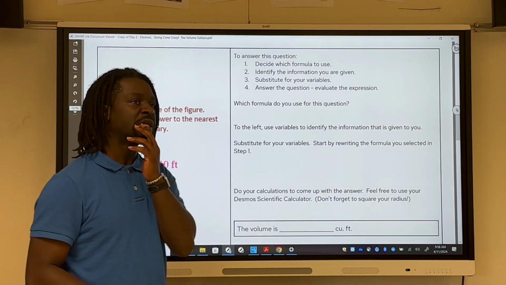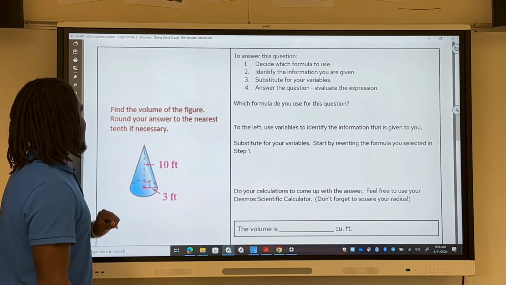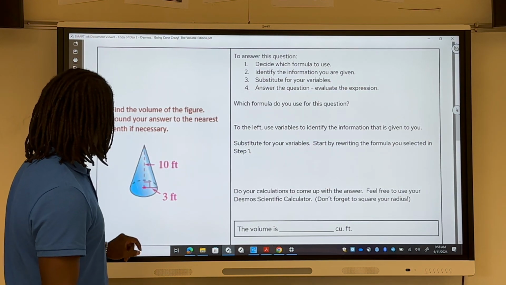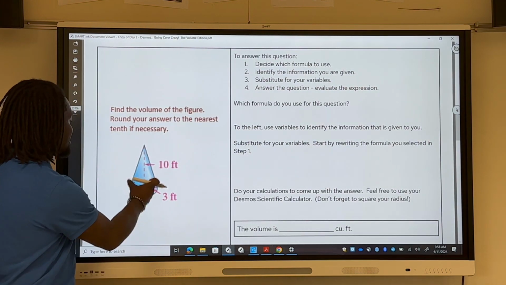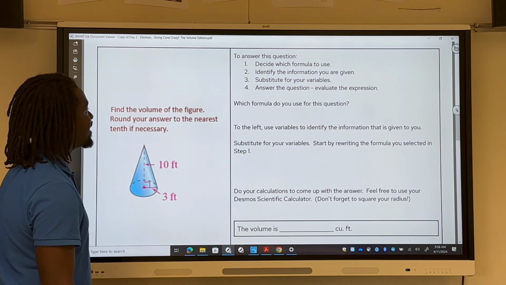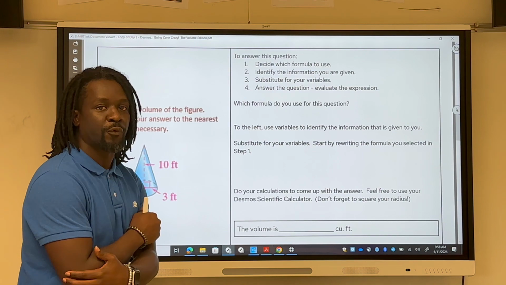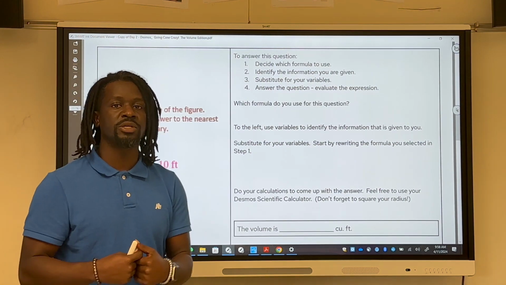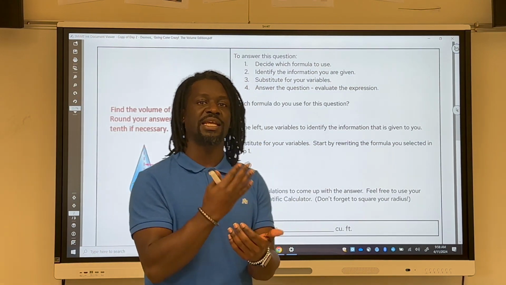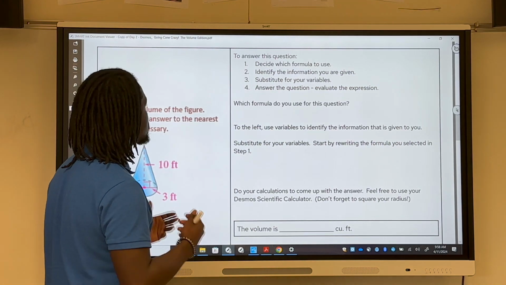So this is a cone, and it gives me what my dimensions are. This is the radius, this is the height, okay? And so step 1 is we just need to decide which formula to use. I'm going to encourage you, always start by writing the formula that you are using, okay?